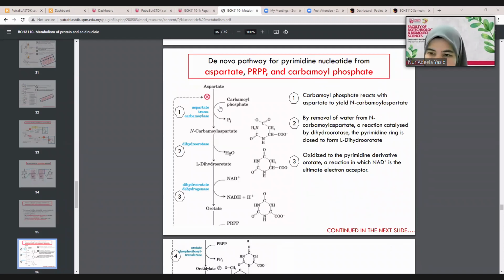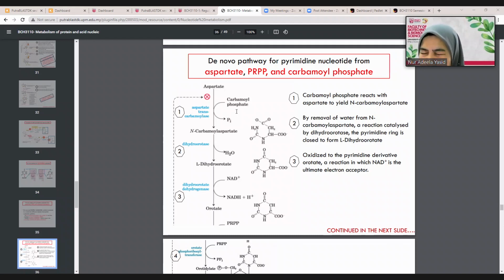Before the first step, we should know how carbamoyl phosphate is synthesized. Do you still remember what reactions are involved?